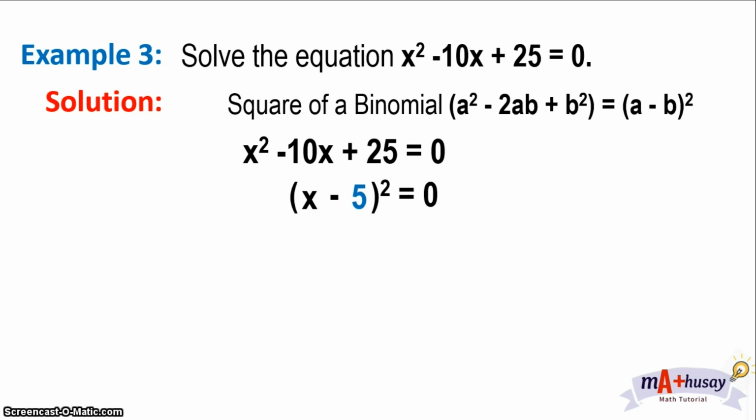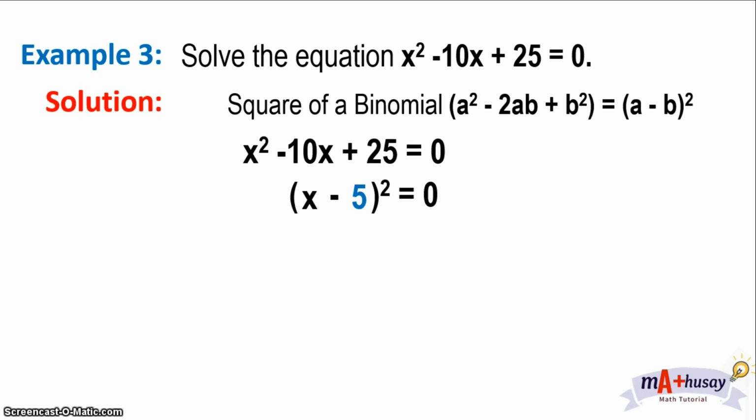And if you multiply it by 2, you will get the middle term, which is negative 10x, which means that the quantity of x minus 5 squared equals 0 is the factored form. Actually, x minus 5 is the factor of our perfect square trinomial.